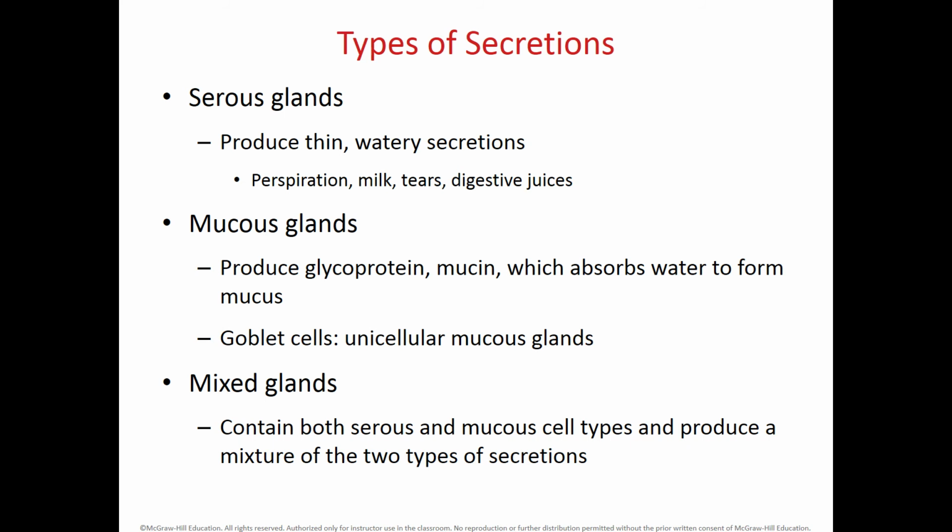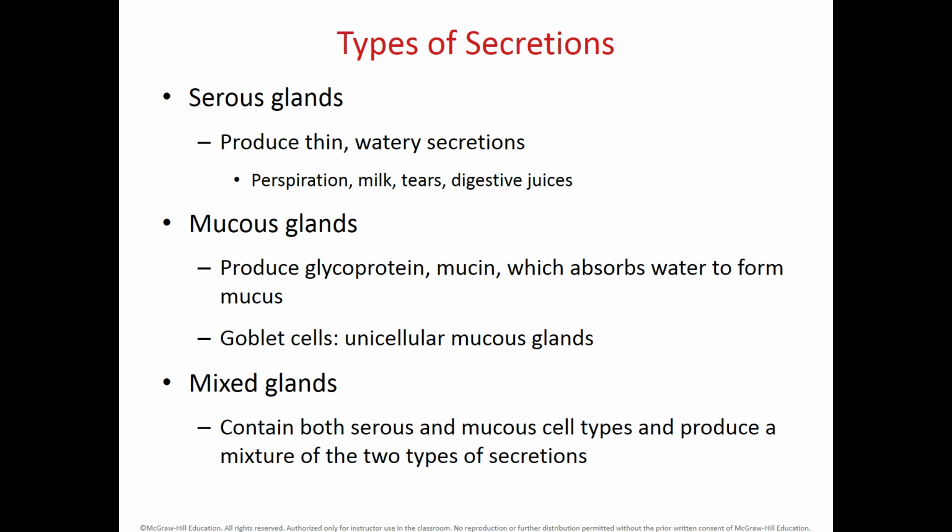If the gland produces a secretion that is very fluid, so it's very thin and watery, it will be classified as a serous gland. Examples of glands that are serous: the sweat glands, the mammary glands, the lacrimal glands, and some glands that we have within the digestive tract. So they produce perspiration, milk, tears, and digestive juices.